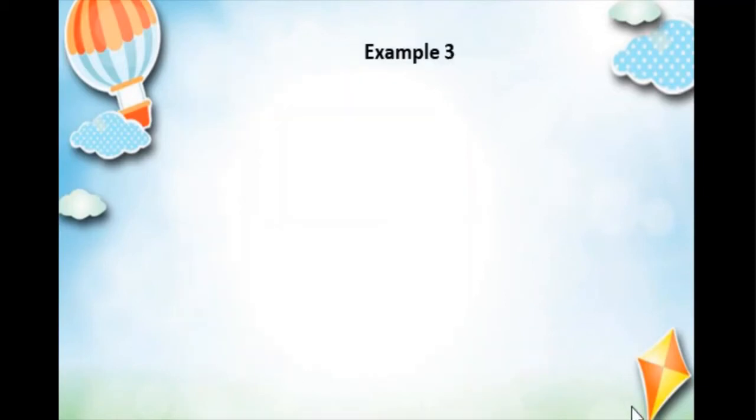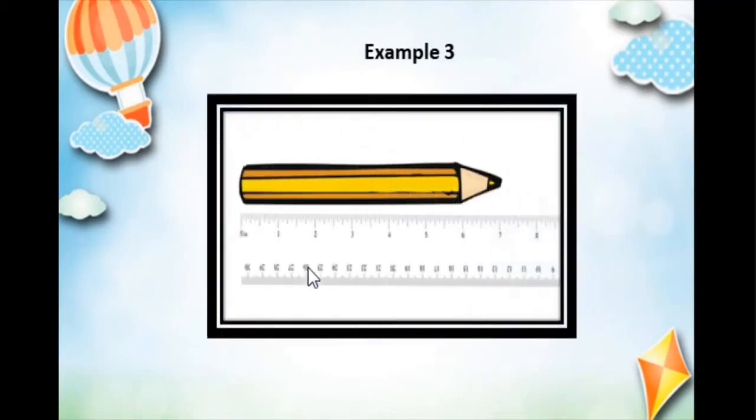Okay, let's have example number 3. Let's measure this pencil. We have the ruler. 0 must start at this point, okay? Not here, but here. Alright?